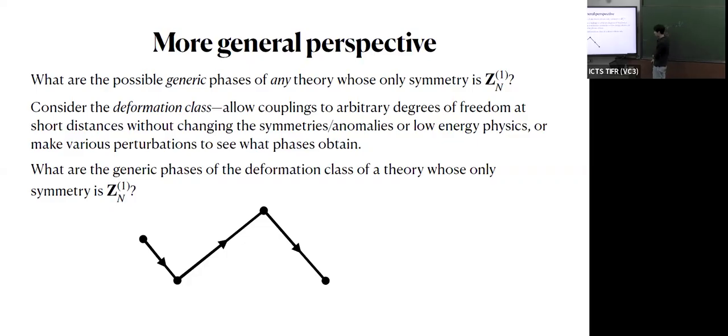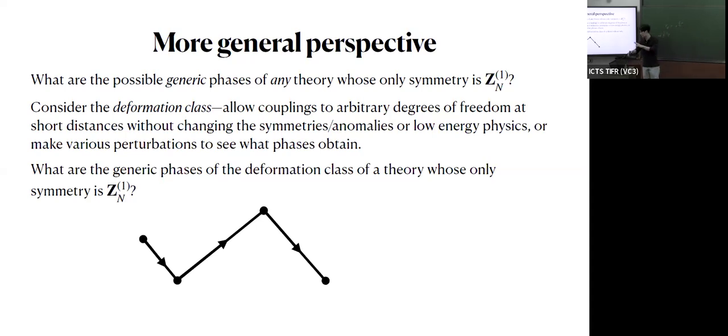What we'll do is we'll consider the deformation class. This is a term coined by Seiberg. The idea is that you're not dealing just with one theory, but you're allowing couplings to arbitrary degrees of freedom at short distances, such that you're not changing the low energy physics, or you can make various perturbations.